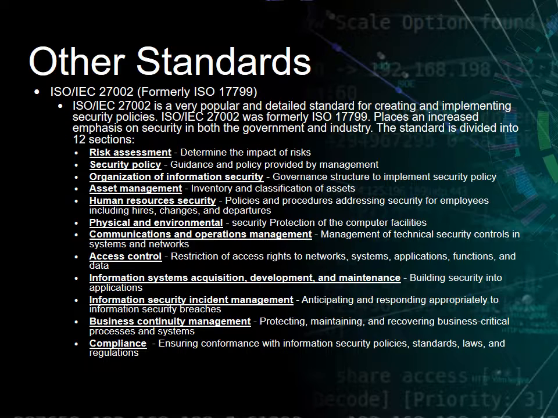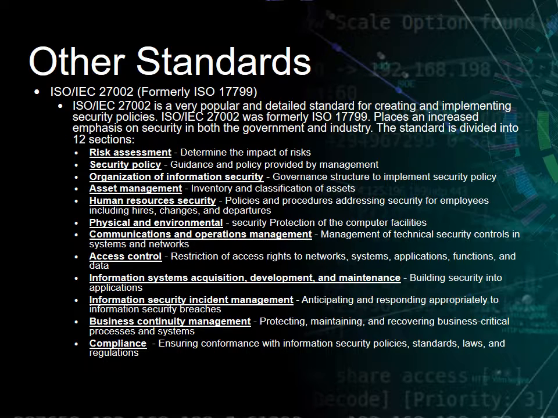Now, ISO 27002 does have 12 sections, or subdivisions. One of them is risk assessment and determining the impact of risk. Next is security policy and the guidance and policy provided by management.